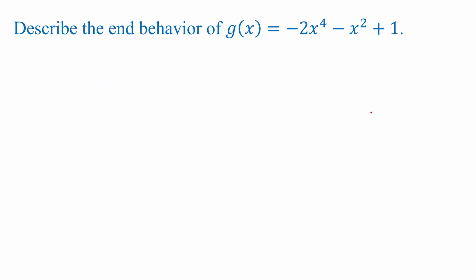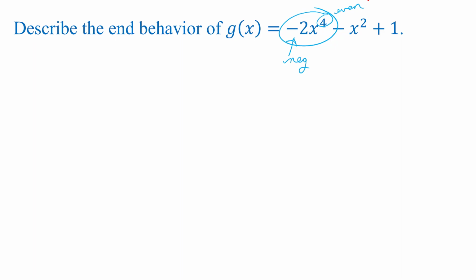All right, and then let's try g of x equals negative 2x to the fourth minus x squared plus 1. The leading term here is negative 2x to the fourth. And so we have a negative coefficient on the x to the fourth, and 4 is an even integer.